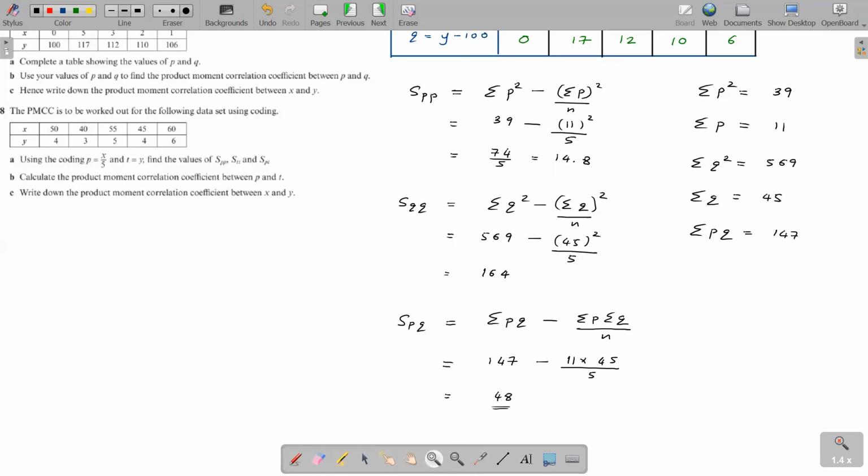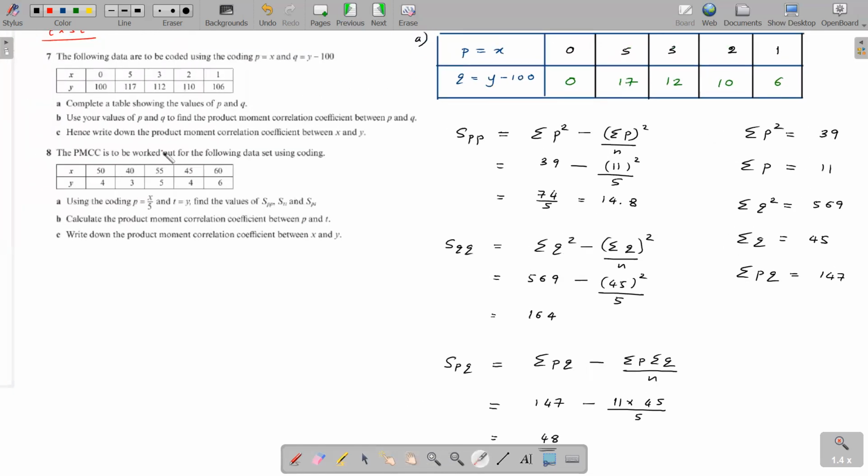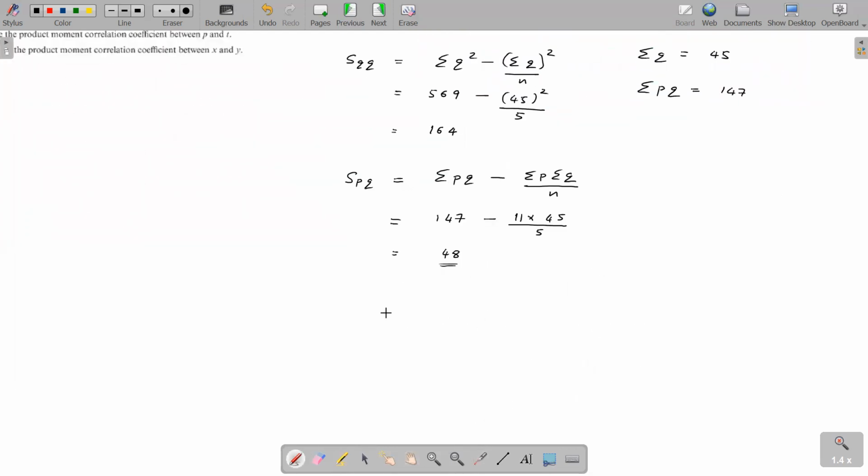So we have all the statistics that we require. What are we supposed to do? We are supposed to use the values of P and Q to find the product moment correlation coefficient between P and Q. So R equals SPQ over the square root of SPP into SQQ, right, guys?